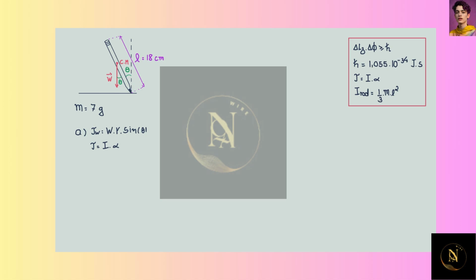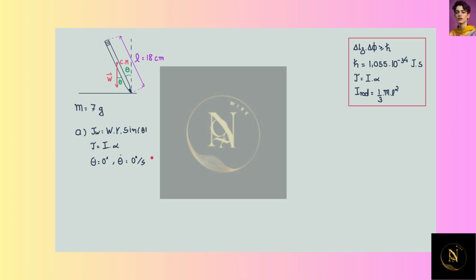Therefore, the unstable equilibrium condition is given by theta equals 0 degrees and theta dot equals 0 degrees per second. This is necessary because the angular acceleration is equal to 0, and this is assured by theta being equal to 0. But if the pencil has some angular velocity, then it will just move out of its equilibrium position. So these two conditions must be satisfied at the same time.